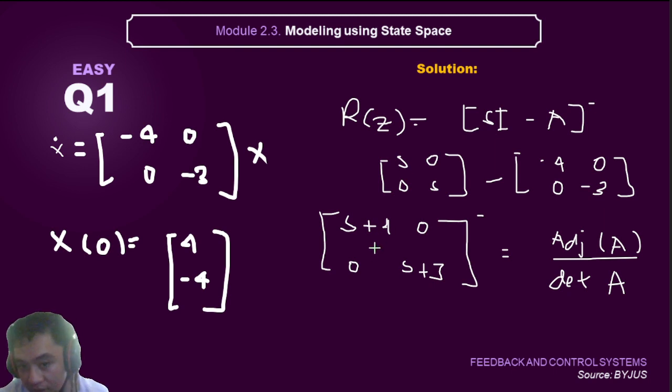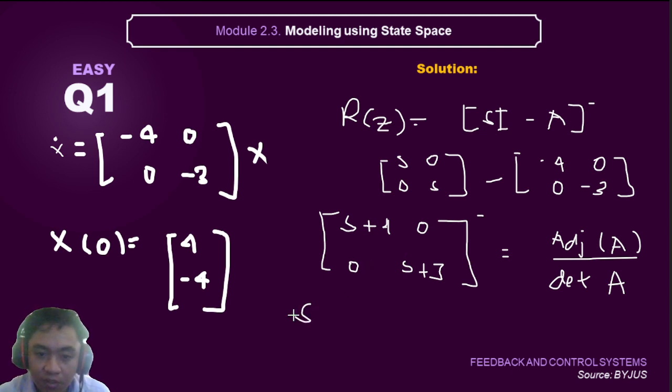We know that the determinant is simply this diagonal subtracted by this diagonal, but this diagonal is 0. So the product of this diagonal is the determinant of the whole matrix. To get the adjoint, we just switch the positions of these two and the positions of those two.